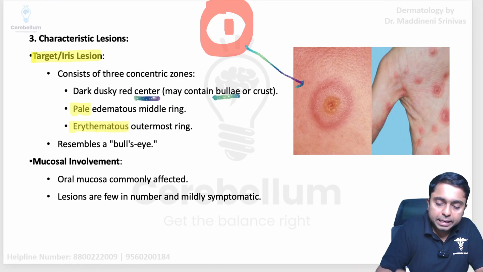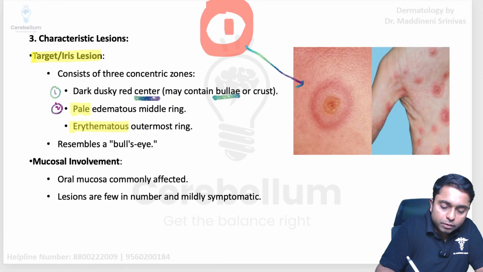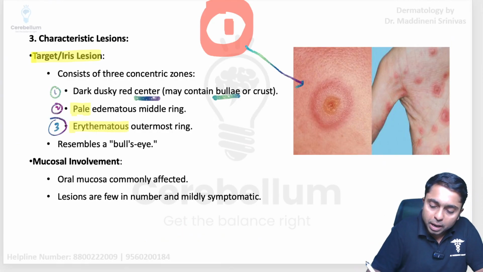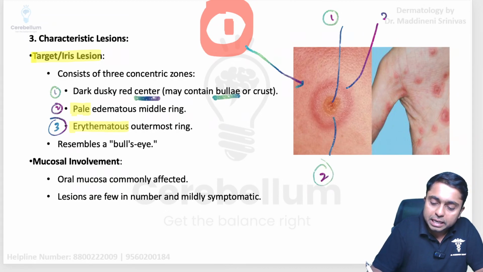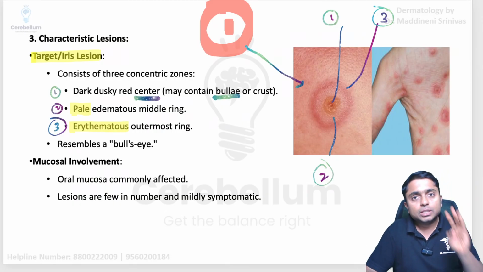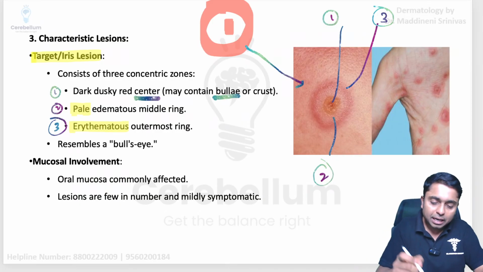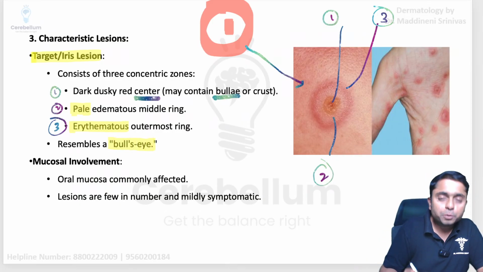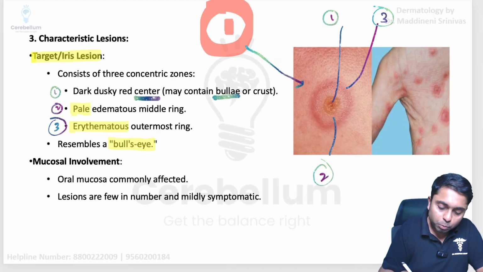So these are the three zones which will be present, 1, 2 and 3. So I will mark it here. This is the one, this is the second pale zone, and finally you have this erythematous peripheral zone. These are the three zones which we'll see in the target or iris lesion, and this is also called a bull's eye because it resembles a bull's eye.